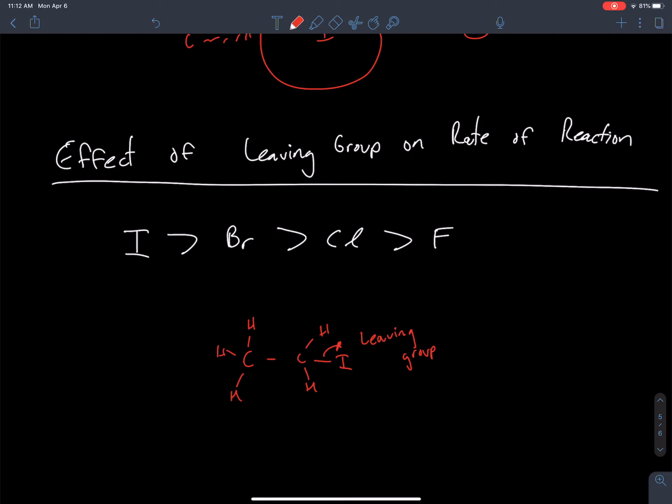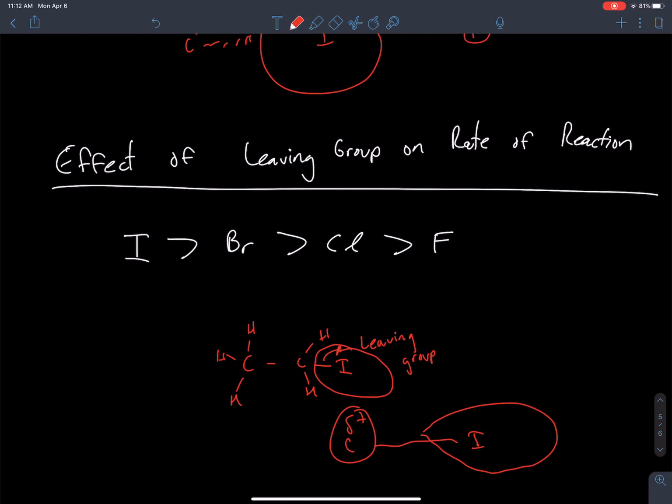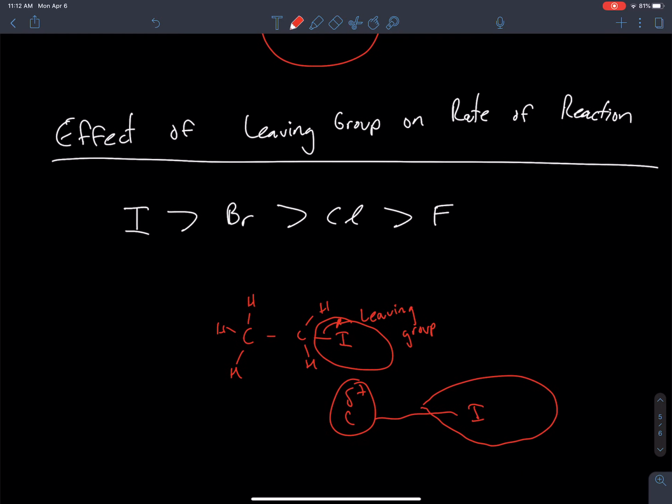The iodide is a better leaving group than the fluoride for the same reason, because it has a very large radius, and that iodide is sitting a lot further out. And those electrons, because it's electronegative, it's able to pull the electrons further away from this carbon atom, making it even more available to attack. That's just because of the bond length and the polarizability of that iodide.